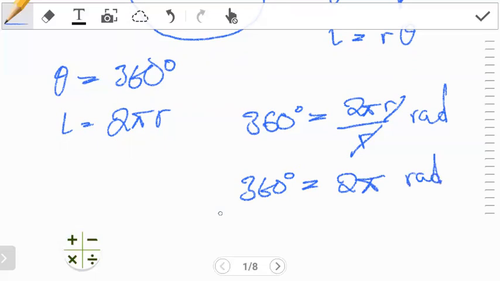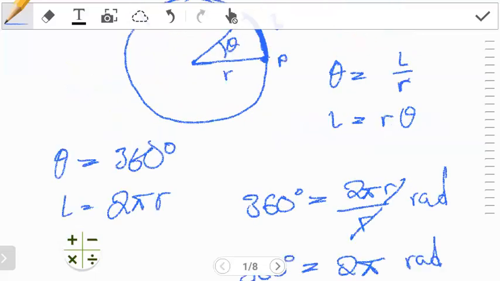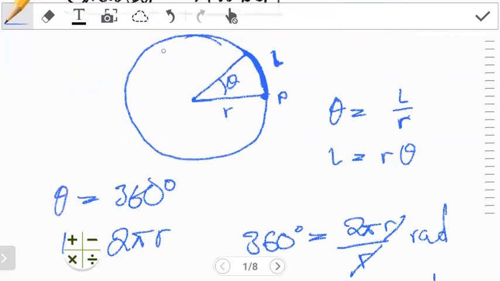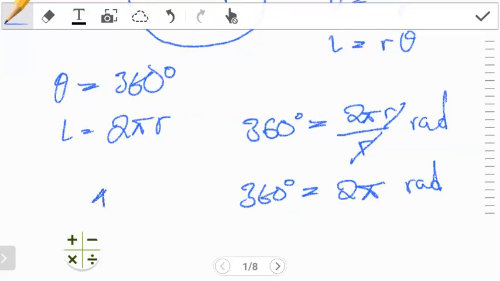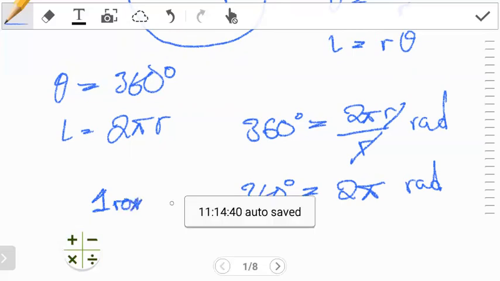Now again, if you look at this full rotation, you can say this is one rotation, or you can also say this is one revolution. So now what we're saying is one revolution, abbreviated as a rev, is equal to a 360 degree turn or rotation, which is also the same as 2 pi radians.